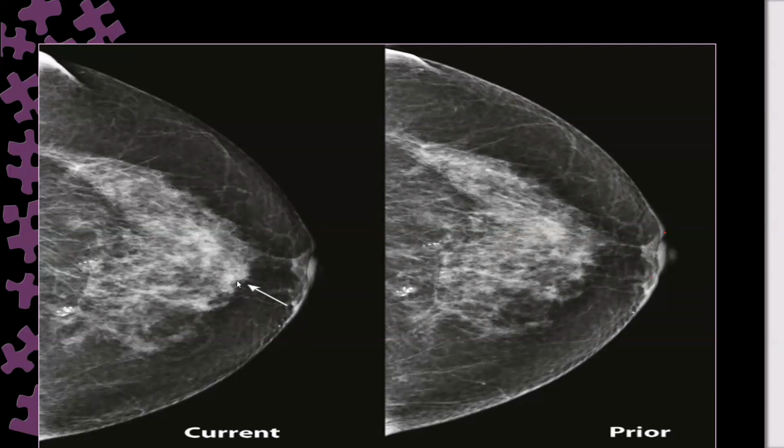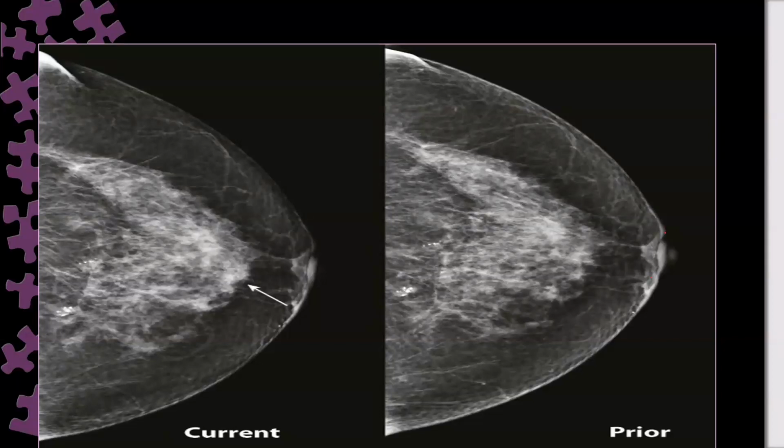Look for the contour here, and look for the contour here. Different from the previous. Yes, it becomes full. So there is some area of distortion at least, or asymmetry, or added density. At least there is something new compared to the previous.